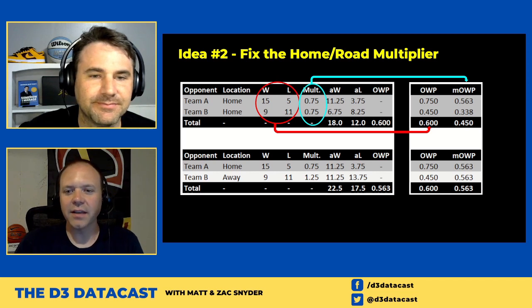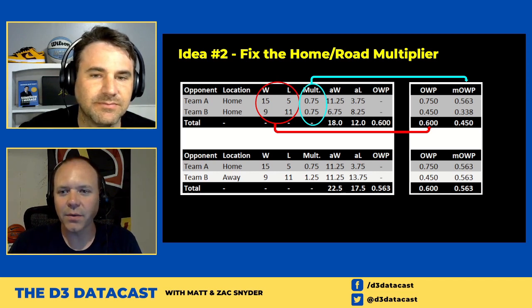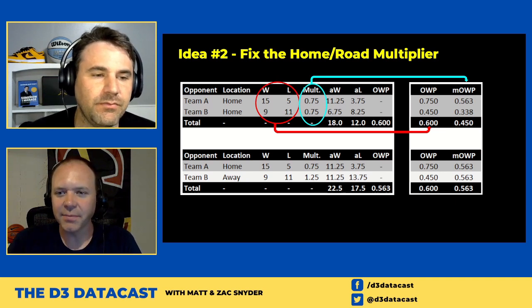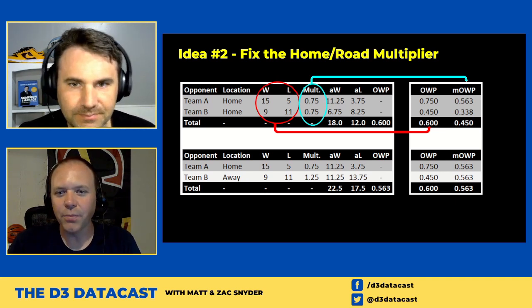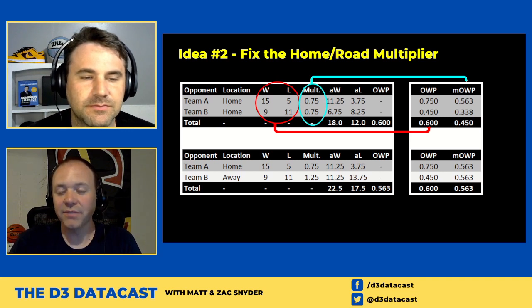Yeah, thanks for walking us through that. It's kind of interesting that the example you used here, assuming we fix the implementation, gives us a good opportunity to look at the effect of the multiplier, right?